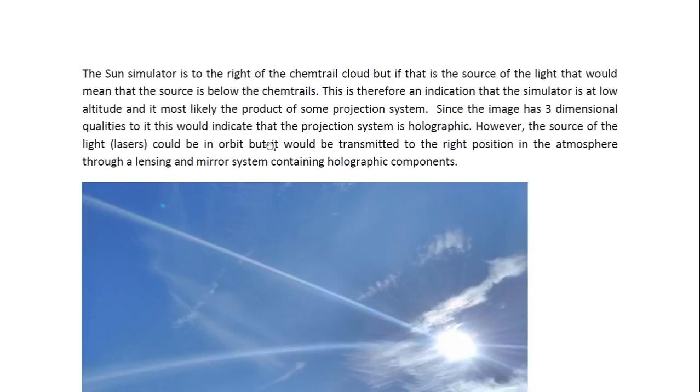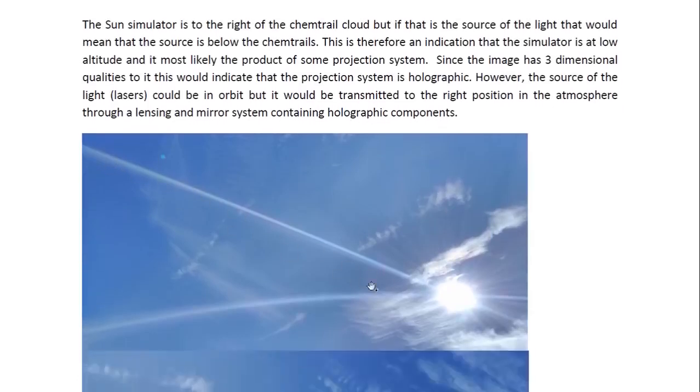Since the image has three-dimensional qualities to it, this would indicate that the projection system is holographic. However, the source of the light, lasers, could be in orbit, but it would be transmitted to the right position in the atmosphere through a lensing and mirror system containing holographic components.